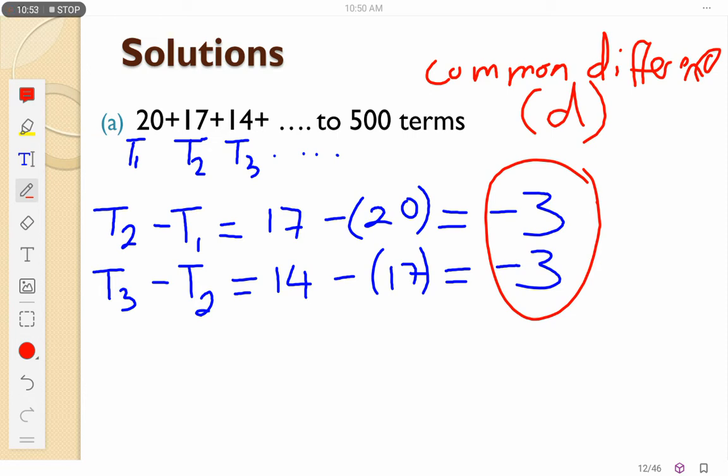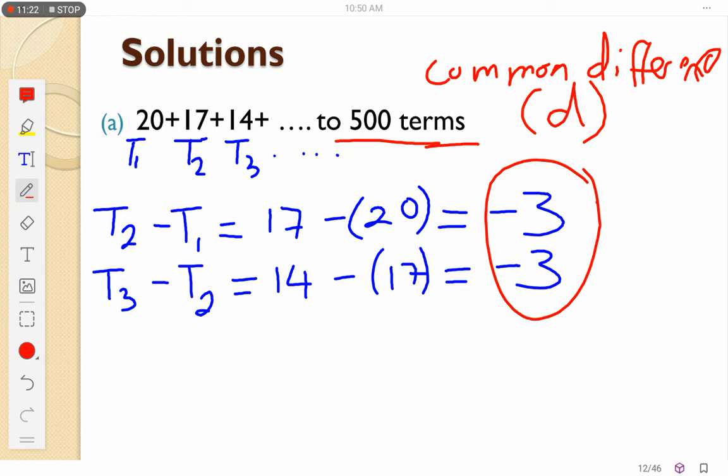When it's an arithmetic series, I will use those formulas that I showed you. Between those two, one has the last term known and the other has an unknown last term. Do I know the last term in this case? I don't, because they just told us 500 terms, but they didn't tell us the last term.